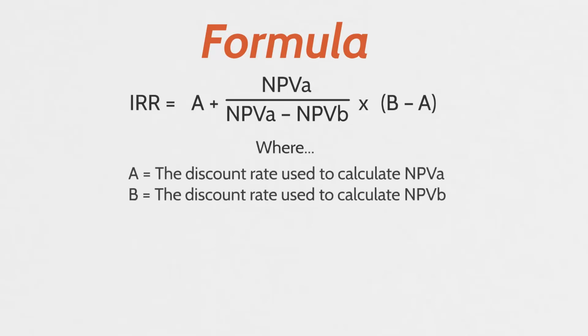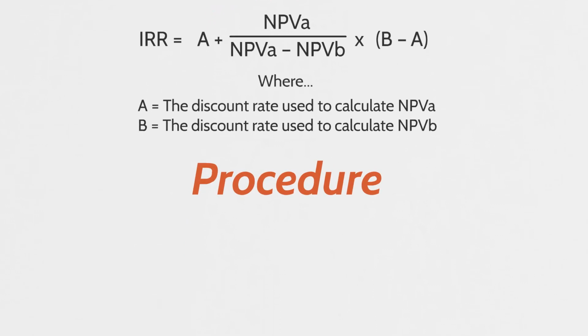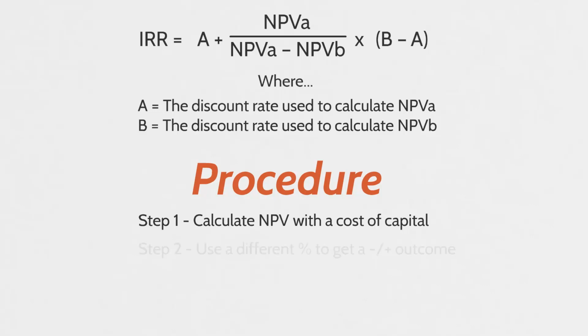Well, A is the discount rate used to calculate NPVA and B is the discount rate used to calculate NPVB.